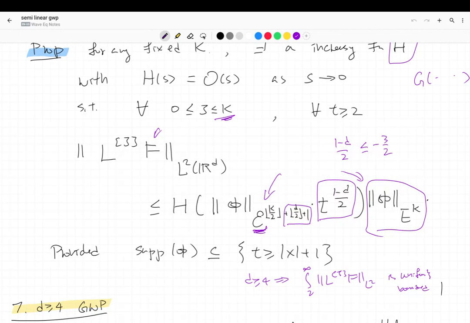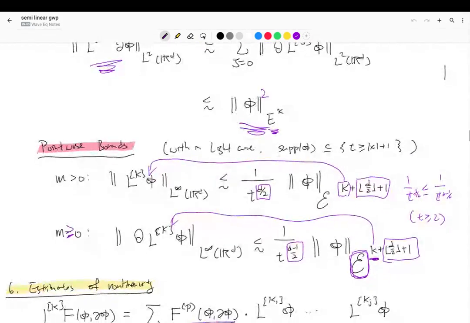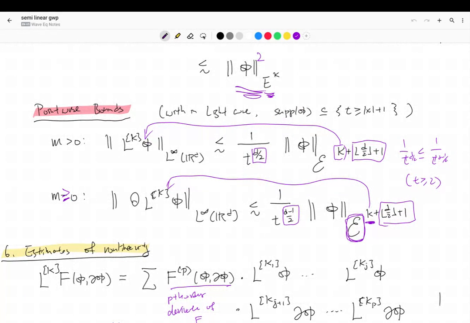On the right hand side, we plug in H evaluated at this energy quantity multiplied by the decaying factor t^(1 - d/2). Where do we get this t to the power 1 - d/2? This is because of the pointwise estimates we established earlier for low derivatives of the input phi, measured in L infinity, being bounded by higher derivatives measured in these energy flux spaces relative to the hyperboloid. And we have this decaying factor coming out in front of it.